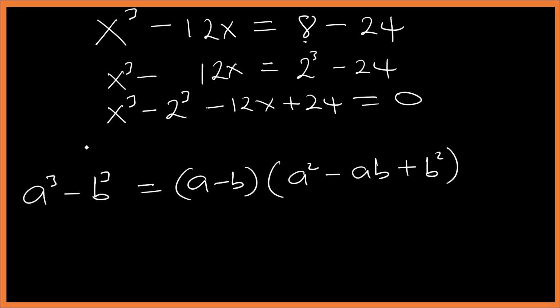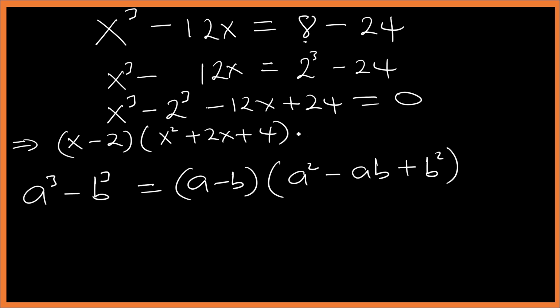So we have this. So we can write this one as x minus 2, then we have x squared plus 2x plus 2 squared, which is 4. Then we have minus 12x plus 24 equals 0.